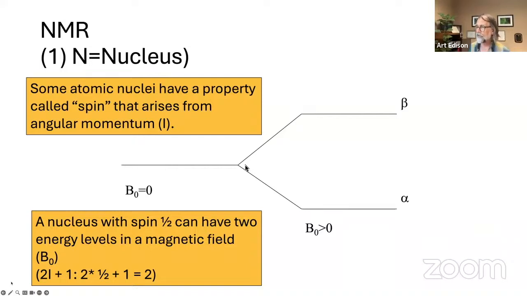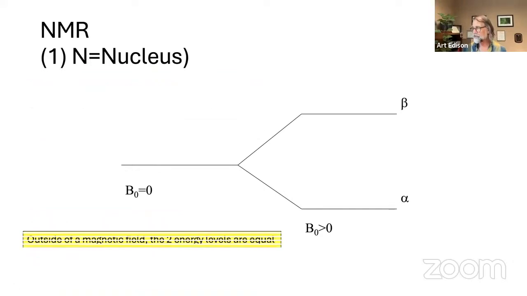But if you put a nucleus with a spin 1/2 into a magnetic field that's greater than zero, you'll get the splitting into a low energy state alpha and a high energy state beta in the presence of a magnetic field.